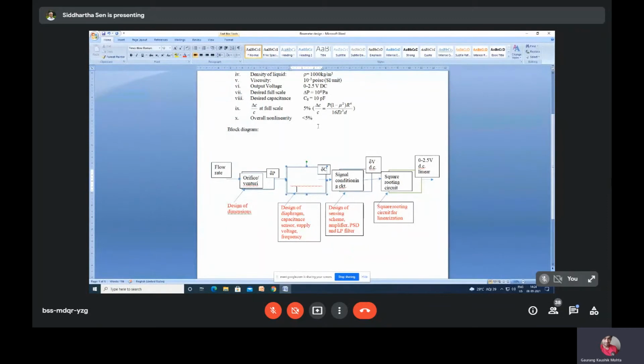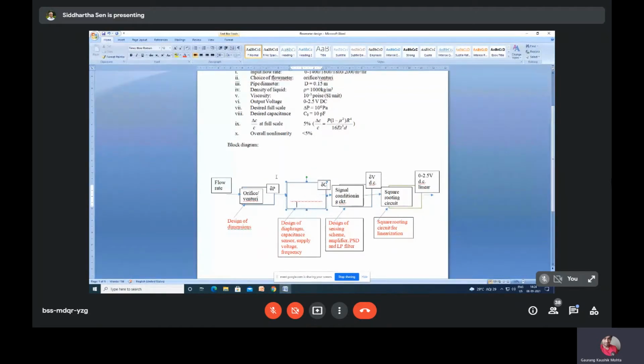So all the things you will have to design, and naturally you will have to design one block after another, each block individually. It also says that you make some sort of budget.